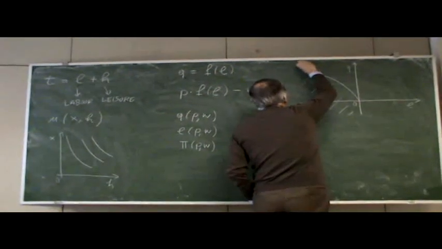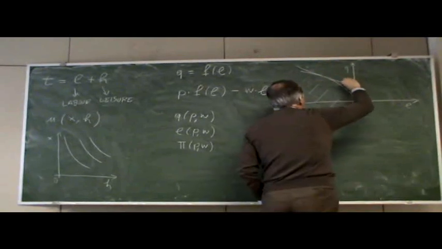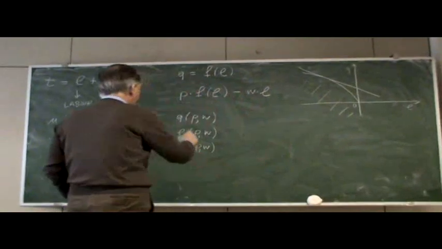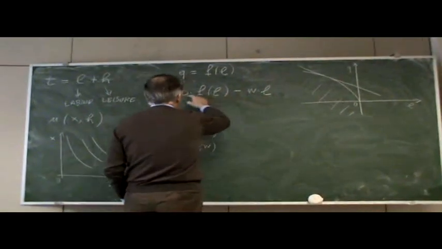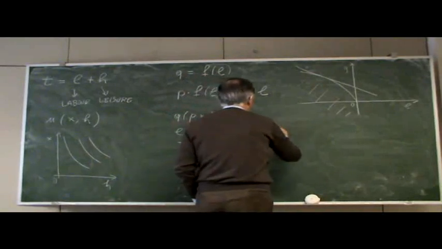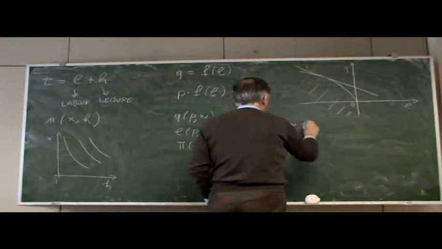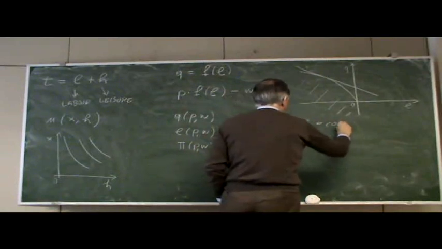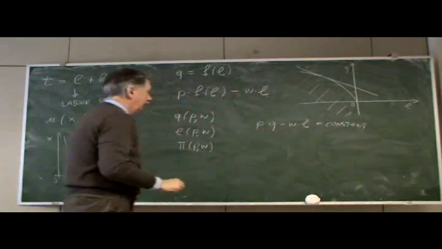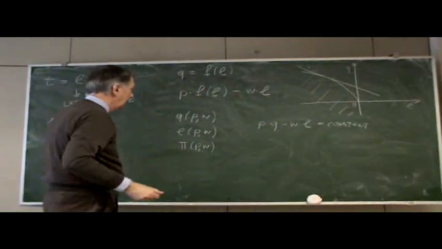Let us trace also the isoprofit curve, the set of the points in which the profit is constant, P times Q minus W times L equal to a constant. You clearly obtain a straight line, negatively sloped.